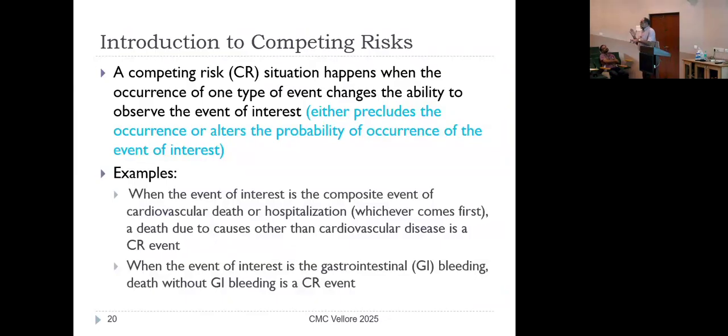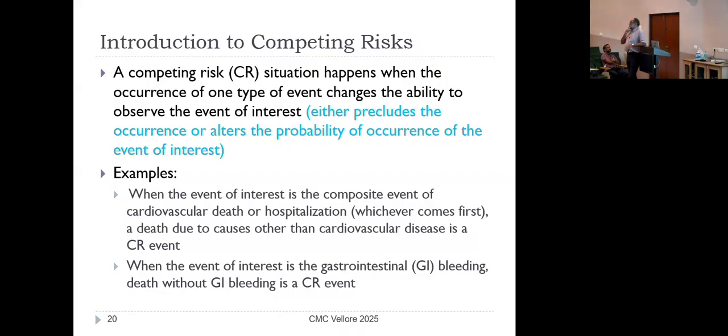But the problem that we have is competing risks. So now we move on from the simple stuff and get into the complex. So now we don't have time to an event that we can observe. And it's not uninformative censoring. It's informative censoring.